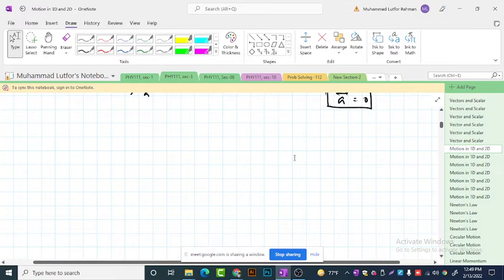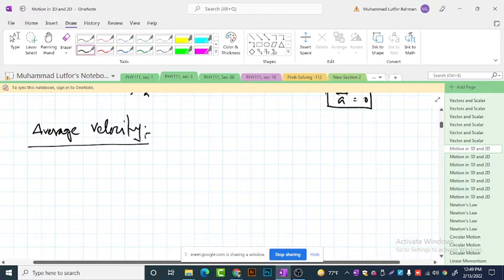Now we are going to define a parameter, average velocity. Say you are driving your car with a speed of 25 meter per second on the road. Suddenly a pedestrian comes in front of your car.